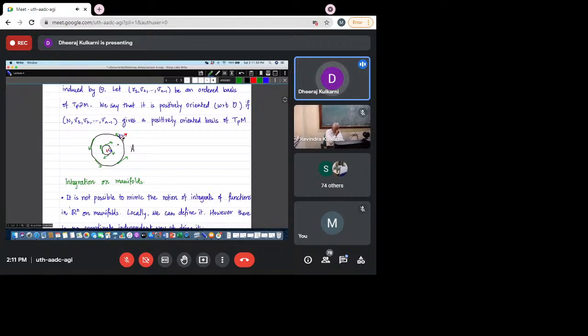But for an abstract manifold, the outward pointing and inward pointing vectors do make sense. And that is what we started with.